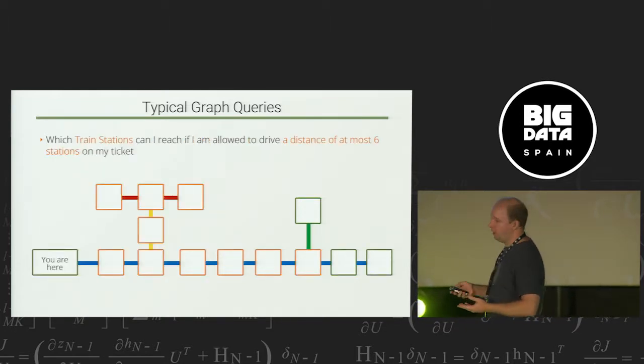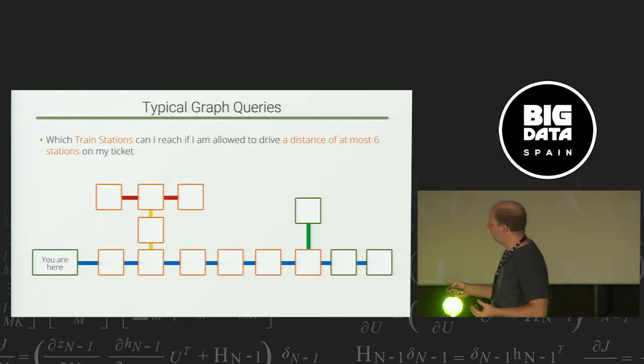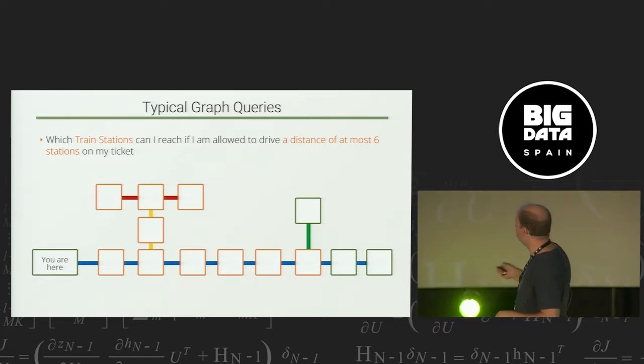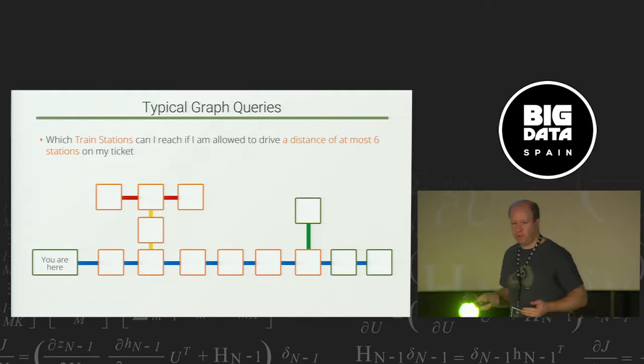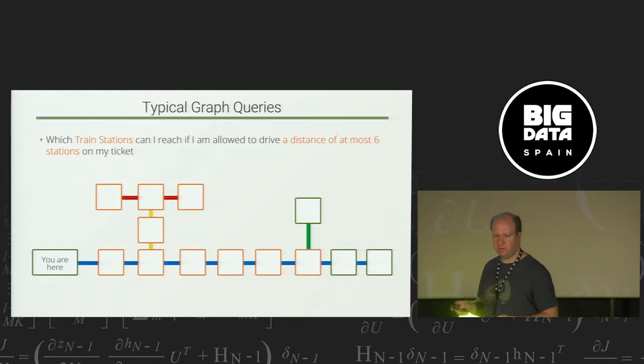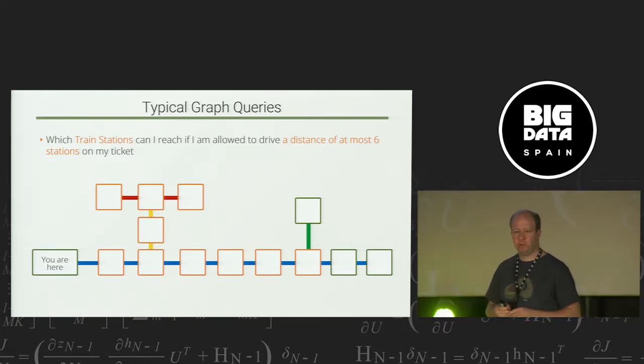Another could be if you have a graph which depicts train stations and you have edges when there is a line going through from one station to the next. So for example, here would be the blue line or the yellow line. Now a question could be, if I have a ticket which allows me to go for 6 stations, that means I can go 6 steps in this graph, and a question would be, what are the stations which I can reach with this ticket?